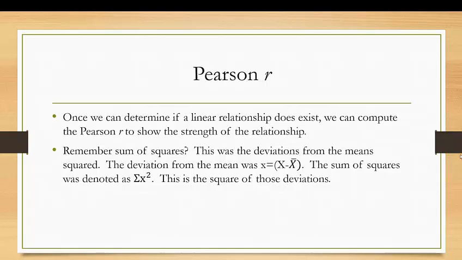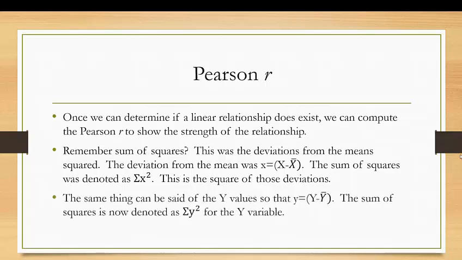And so in order to get away from the 0 to determine that distribution around the mean, we squared those differences. And so our deviation would look like this, where it showed x equals the quantity x minus x bar, our score minus the mean, and our sum of squares was simply denoted the sum of x squared. This is the square of all those deviations.